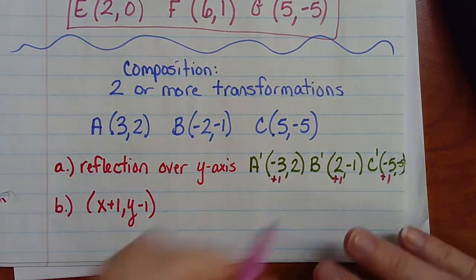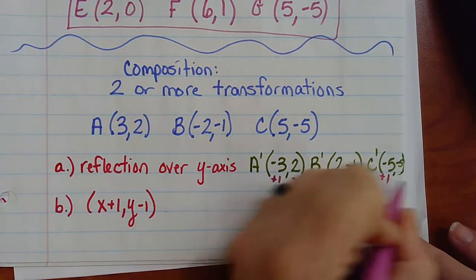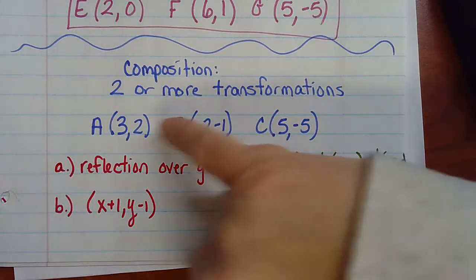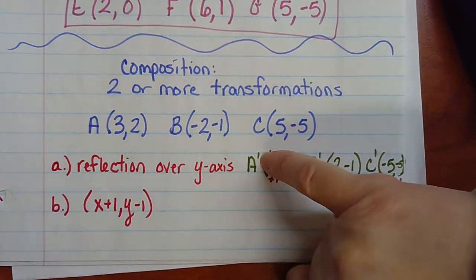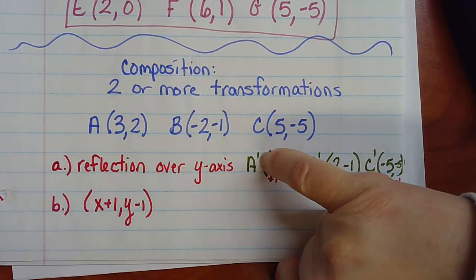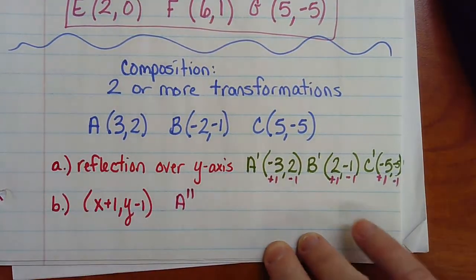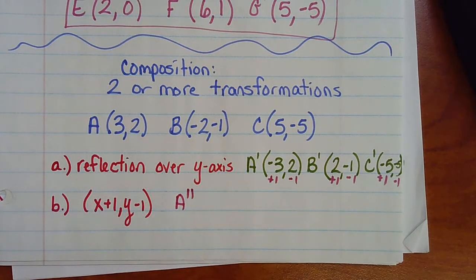Every single y value gets a 1 subtracted from it. And these actually give you these things called double primes. So here we started with A, we did a reflection, we got an A prime. Once you do the translation, you get a double prime. And if I were to do something else, I would just keep adding those tick marks to it. But we're not. We're just doing those and we're done.